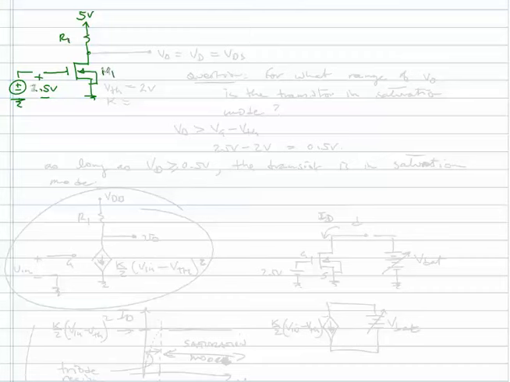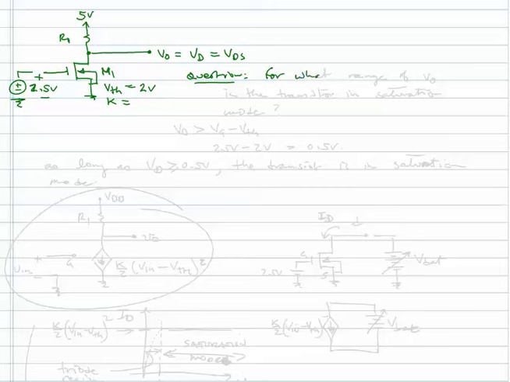Sometimes we use M as the reference designator for a MOSFET. It's like R for resistor. Let's suppose that V threshold is equal to 2 volts. And we have yet to determine what K is, but we don't need that for the moment. So the question is, V out equals V drain equals V drain to source, because the source is grounded.